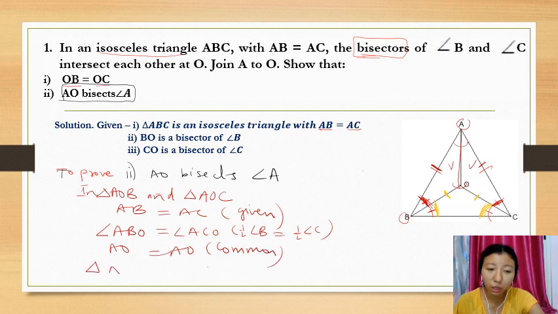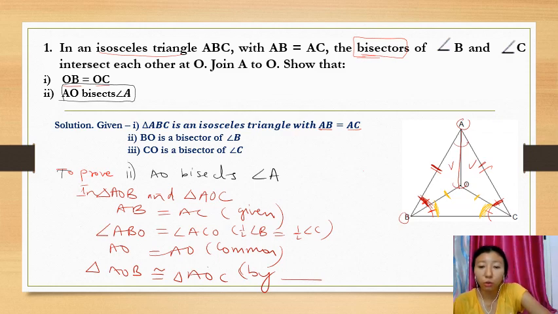Alright, so triangle AOB is congruent to triangle AOC by the SSS, SAS, SSA or ASA concept, okay? Since the triangles are congruent, angle A corresponds to angle A in the other triangle.